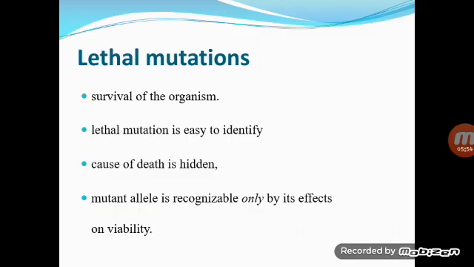Next type of mutation is lethal mutations. A new lethal mutant allele is recognized by its effects on survival of the organism. In previous lectures, when we studied lethal alleles, lethal alleles and lethal mutations are totally different.